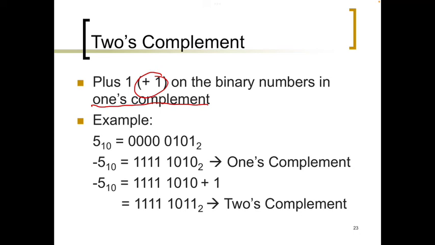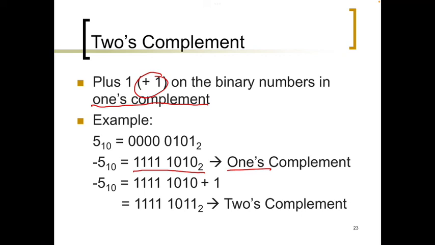For example, let's say we have positive 5. This is equal to 0 1 0 1. Then we make it 1's complement. What is one's complement? We change 0 to 1 and 1 to 0. So what we got here represents negative 5. What is 2's complement?